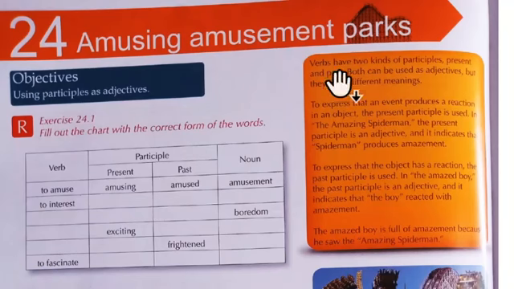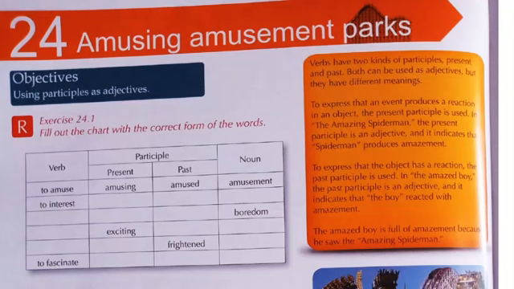Now, don't forget that verbs have two kinds of participles, present and past. Both can be used as adjectives, but they have different meanings. To express that an event produces a reaction in an object, the present participle is used, as in The Amazing Spider-Man. The present participle is an adjective and indicates that Spider-Man produces amazement.